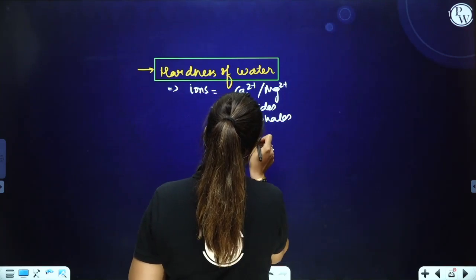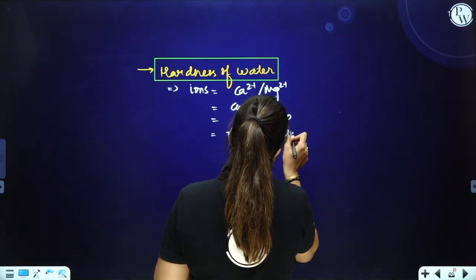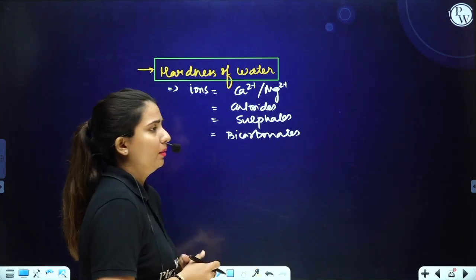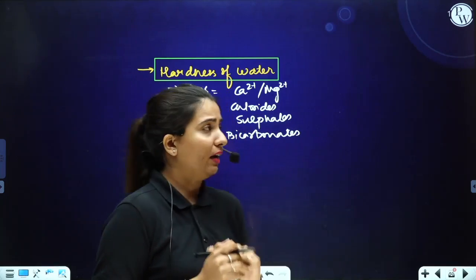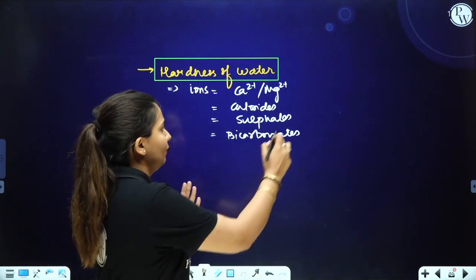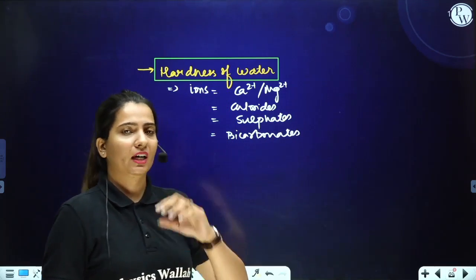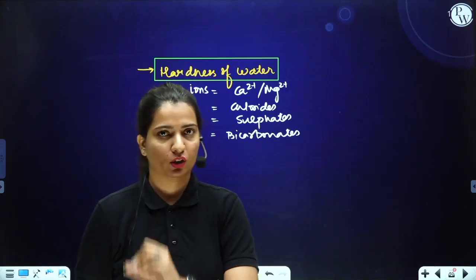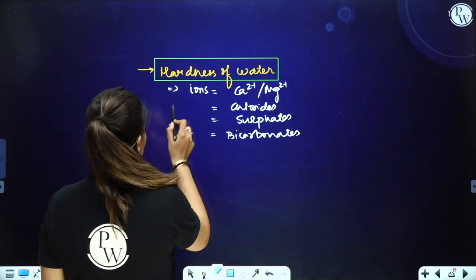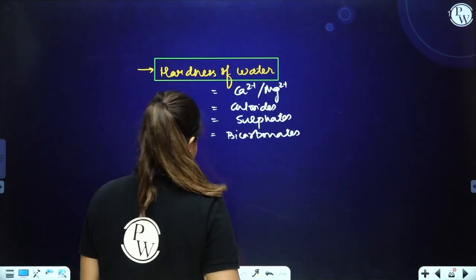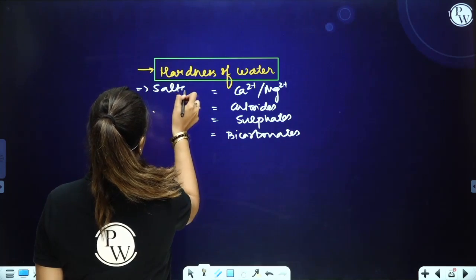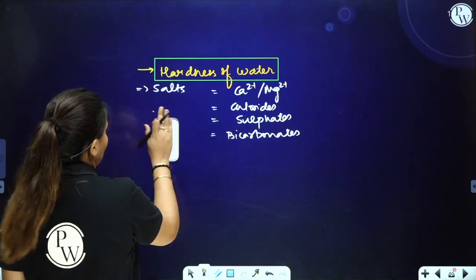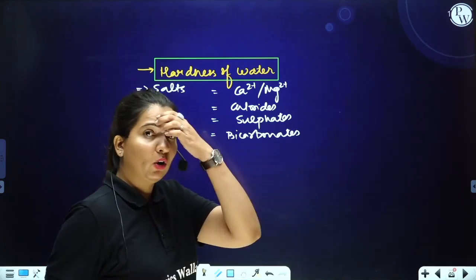If you ever see calcium chloride, calcium sulfate or calcium bicarbonate, it is responsible for the water being hard. If you have magnesium chloride, magnesium sulfate and magnesium bicarbonate, it is responsible for the hardness of water. So I should write over here what all salts are responsible for the hardness of the water, all these three.